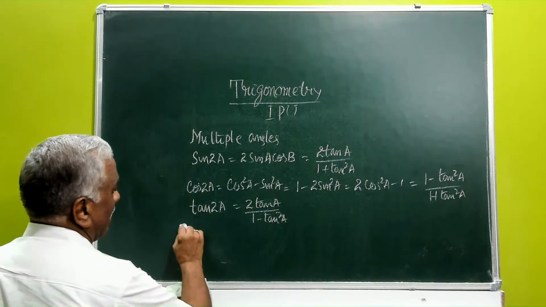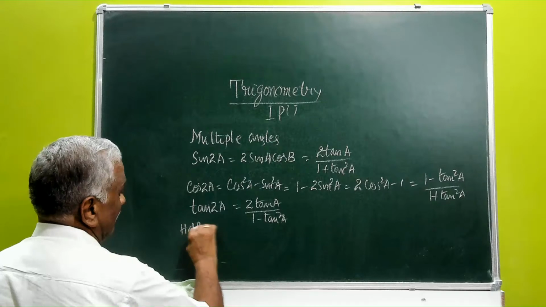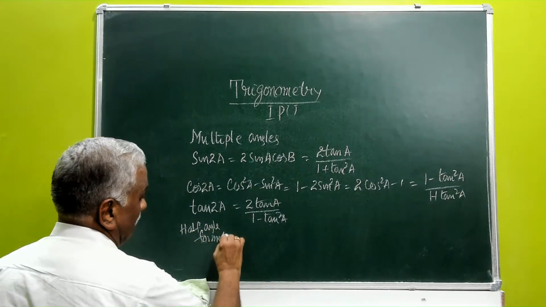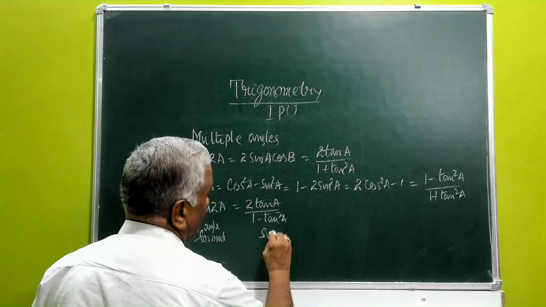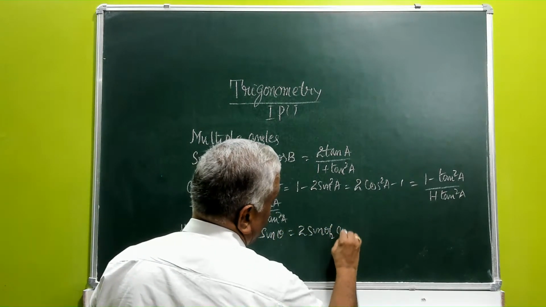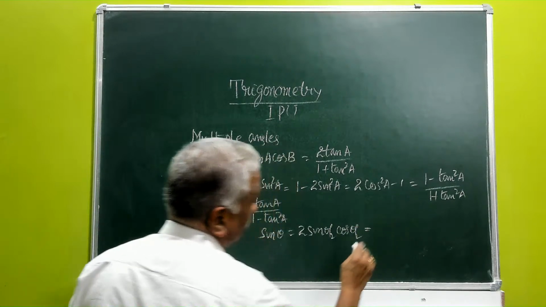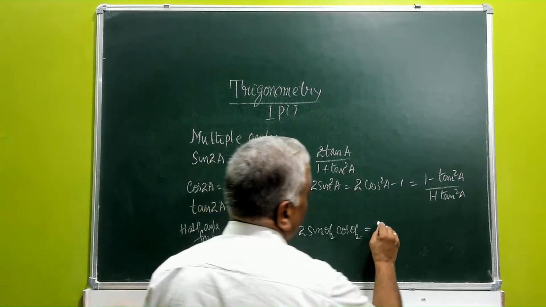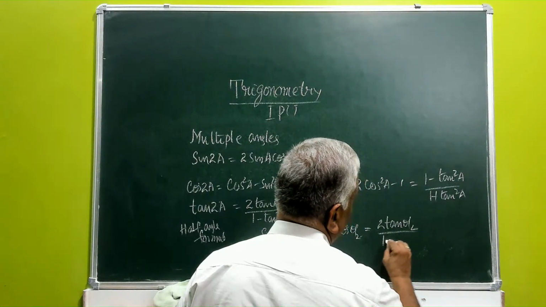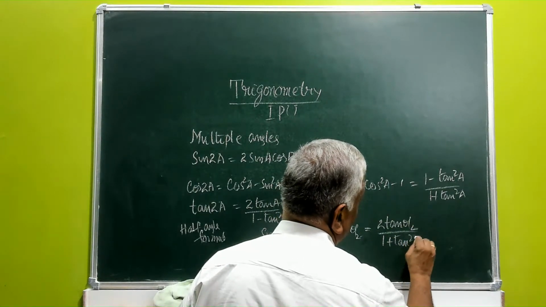We have got half angle formulas. Sin theta is equal to 2 sin theta by 2 cos theta by 2. This is also equal to 2 tan theta by 2 divided by 1 plus tan square theta by 2.